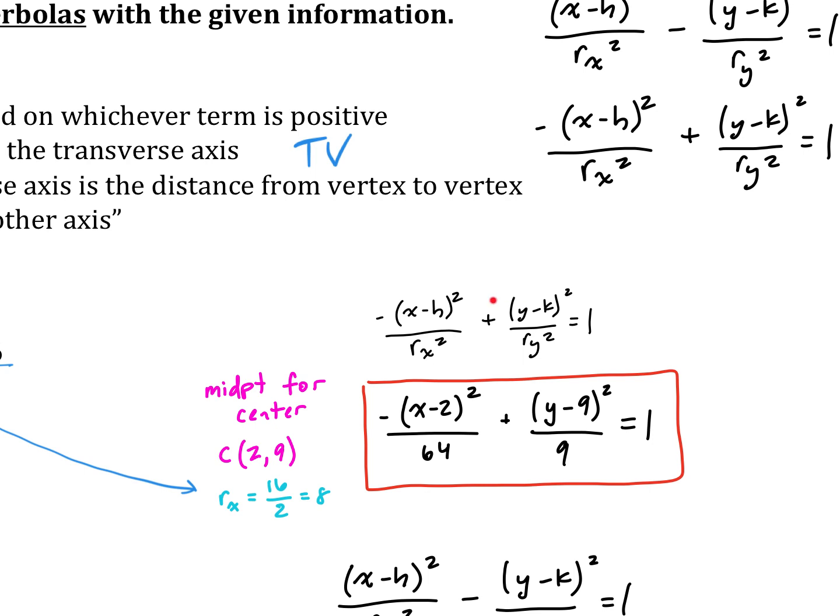So again, that means our y value is positive. Okay, so now we just plug in. We have our center, (2, 9). X radius was 8. We said our y radius was 3. So now we plug in, and we have our equation: negative (x minus 2) squared all over 64 plus (y minus 9) squared all over 9 equals 1. All right, let's take a look at the next example.